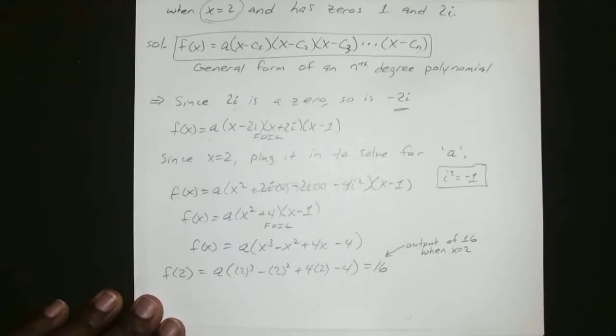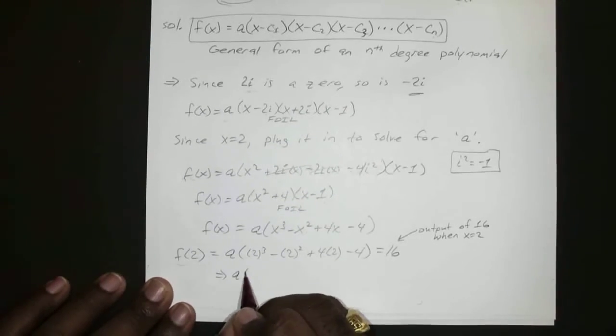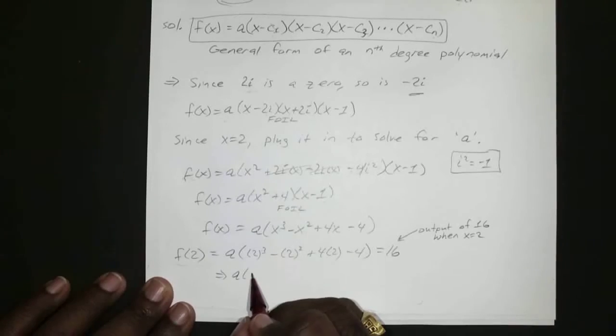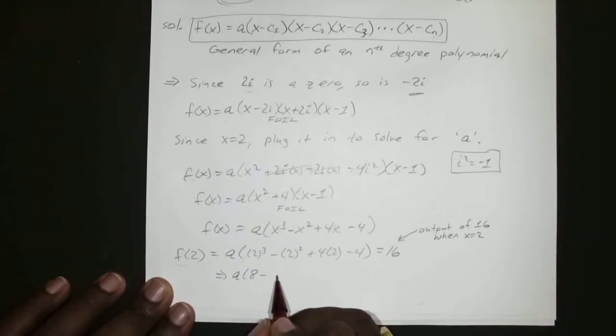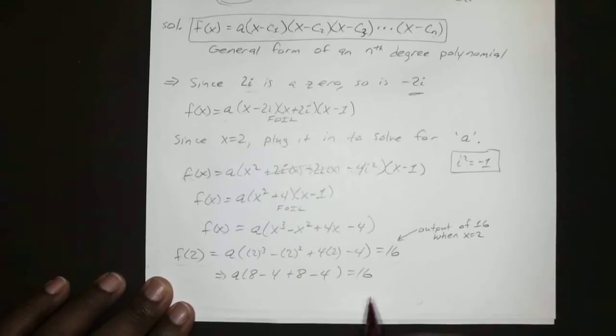All right, so just ignoring that because we don't need that anymore, we're just focusing on those two. You have a, 2 to the third power is 8, minus 2 squared, which is 4, plus 8 minus 4 equals 16.